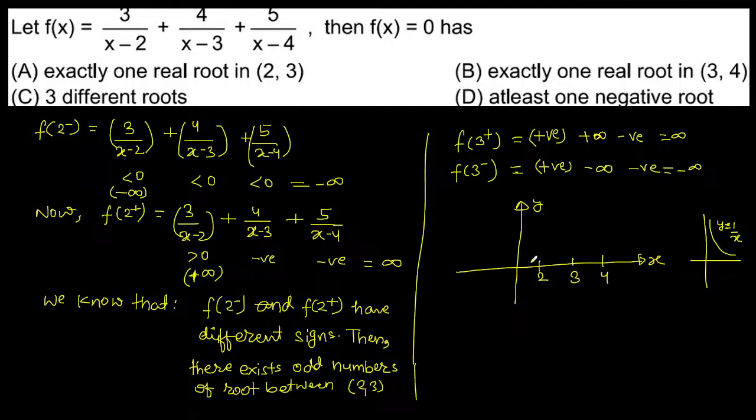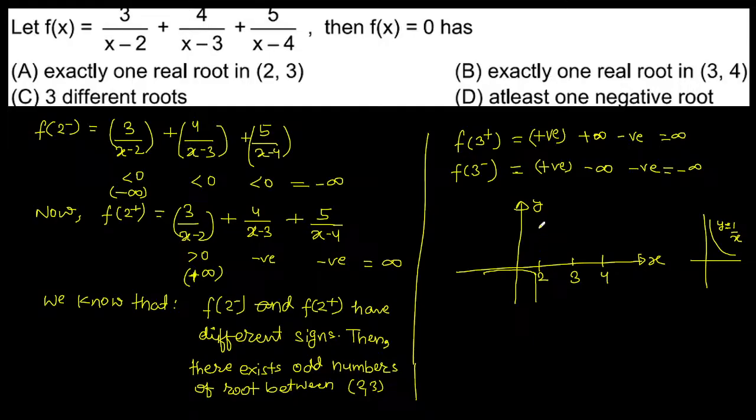So 2 minus is minus infinity. 0 is negative.